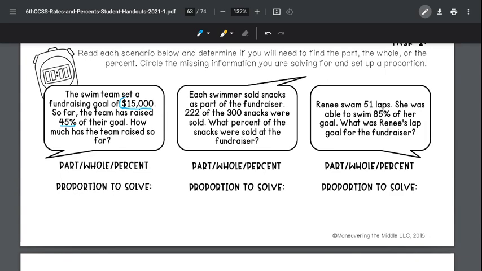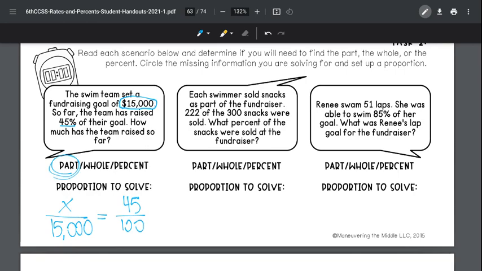If our goal is $15,000, that's our total. Okay, so $15,000 would be the whole thing that we're wanting to get. We've raised 45%. And we always put our percent over 100. So we're solving for the part.